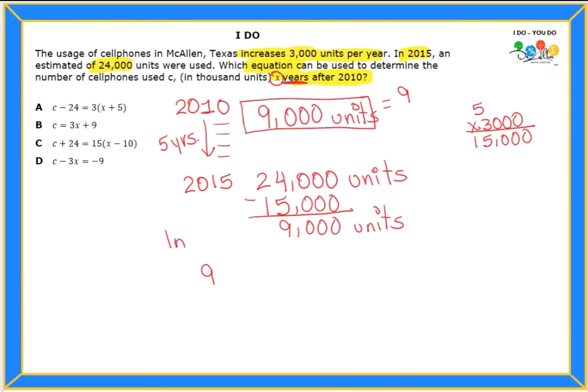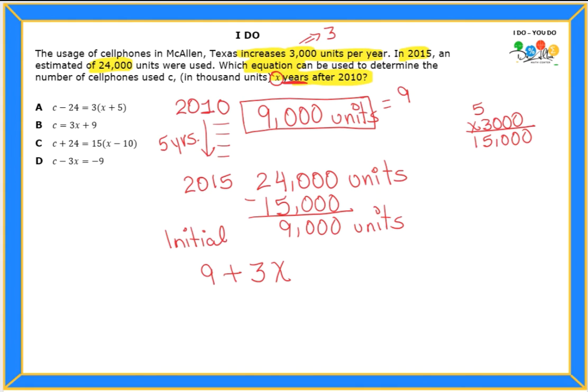This is the initial value. Then I need to look at the slope, which is how many units it goes up per year. It goes up 3,000, and again 3,000 is the same thing as 3, because we're taking away the thousands, since that's the unit we're already using. So that will be plus 3x.